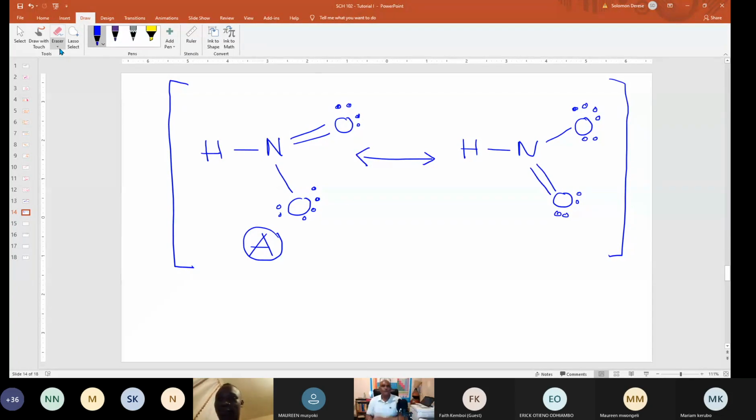Anyway, now you will notice that these 2 oxygens have formed 2 bonds, just like the way they have formed 2 bonds in water, oxygen forming a bond with 2 hydrogens in water. In this case, the oxygens have formed 2 bonds with the nitrogen, this time with a double bond, okay?